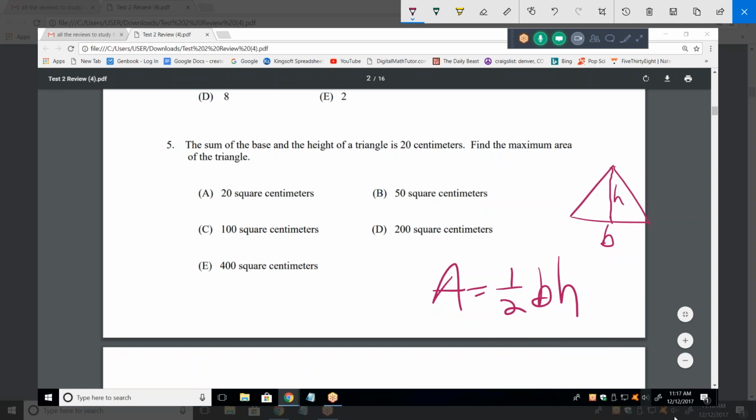And it's a common problem. If I say, design a rectangle with the maximum area given a limited amount of wood, in other words, you have a certain amount of wood and you have to design a rectangle with the maximum area, guess what? It's always a square.